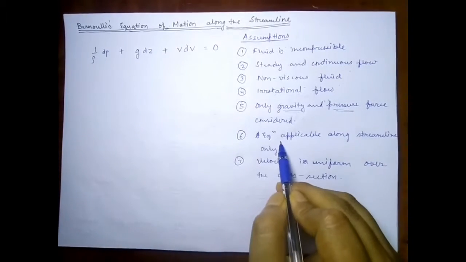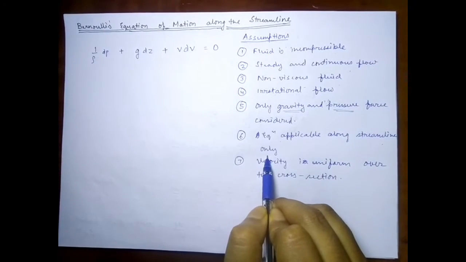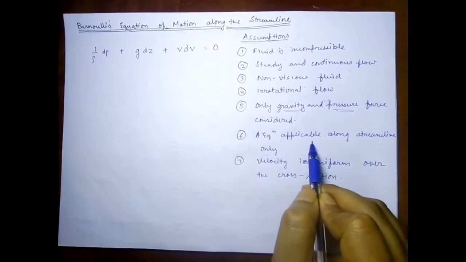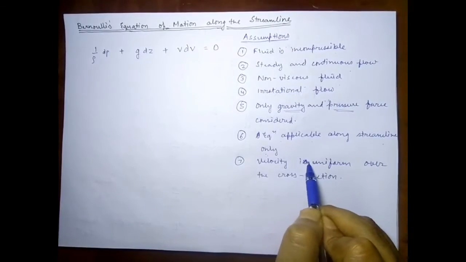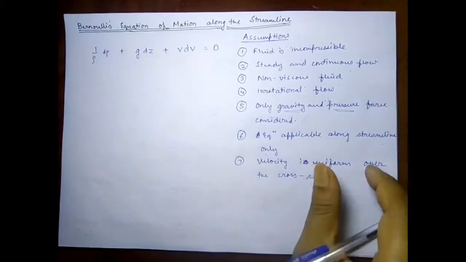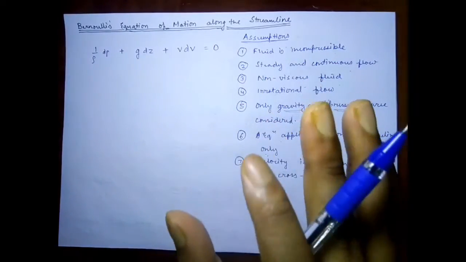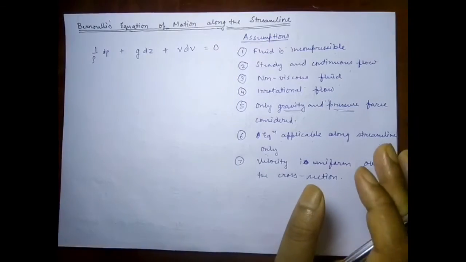Next, this equation is applicable along streamline only, so this equation cannot be applied to any other kinds of flow patterns. This will be applicable only to the streamline flow. Also, velocity is uniform over the cross section. In this cross section which we made earlier, the velocity is uniform over it.